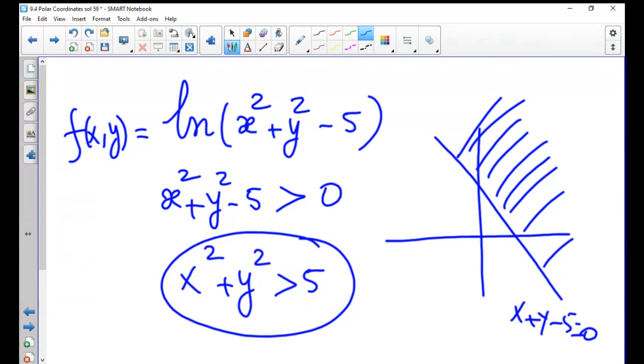What is the value of x here? 1, yes? What is the value of y? 4. Just substitute. So 4 times 1 squared minus 4 will give you 0.